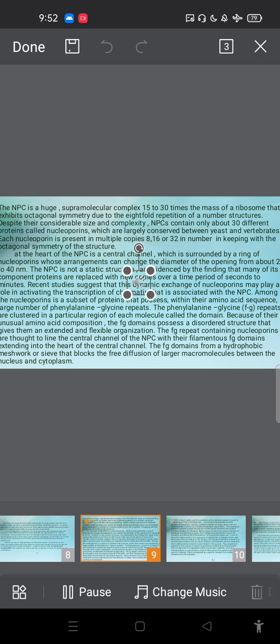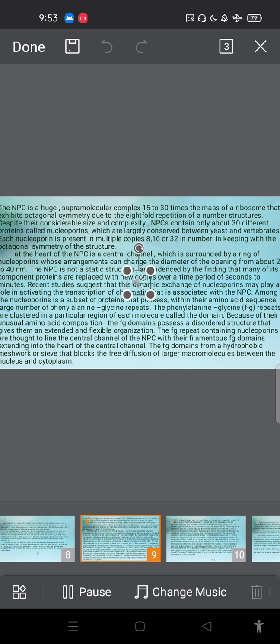The NPC is a huge supramolecular complex, 15 to 30 times the mass of a ribosome, that exhibits octagonal symmetry due to the eightfold repetition of a number of structures.